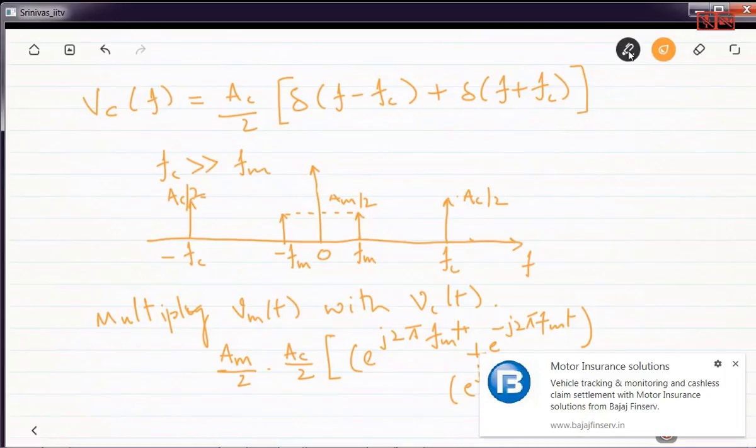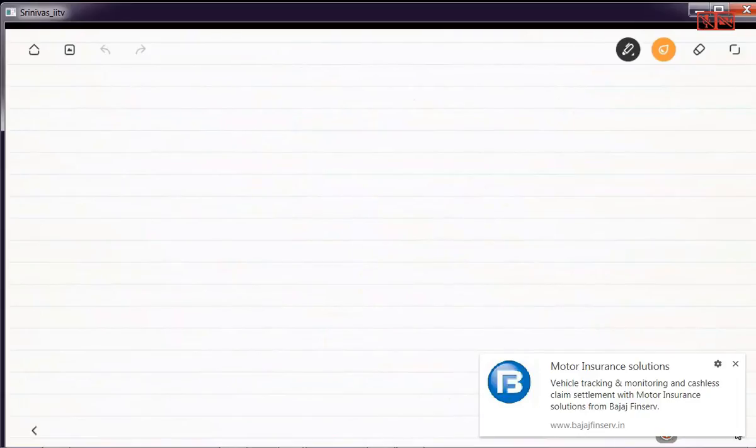So there will be 4 terms in the resultant expression, and we'll write those 4 terms on the next page. This may be fairly simple, but I'm doing it so that you won't have any confusion.